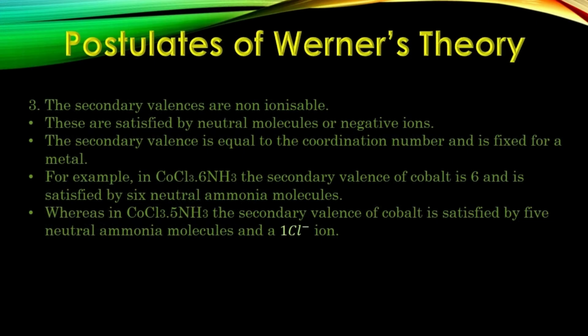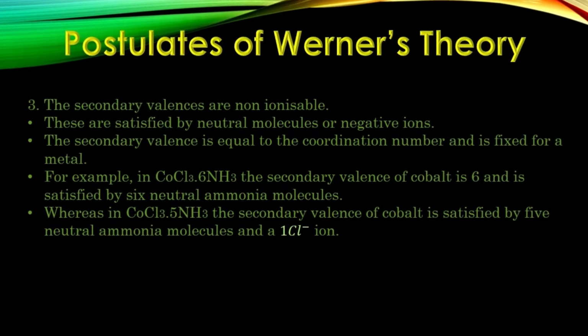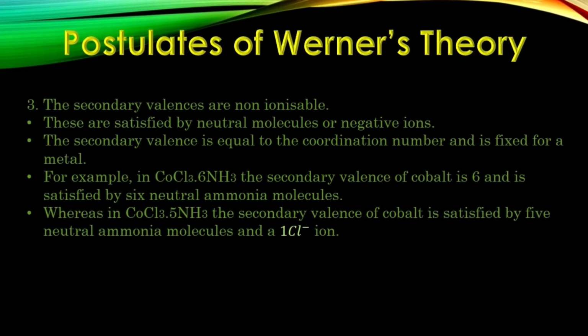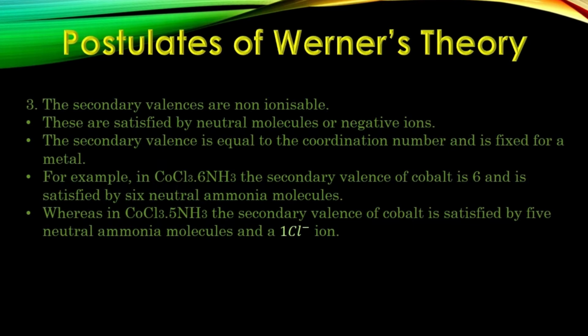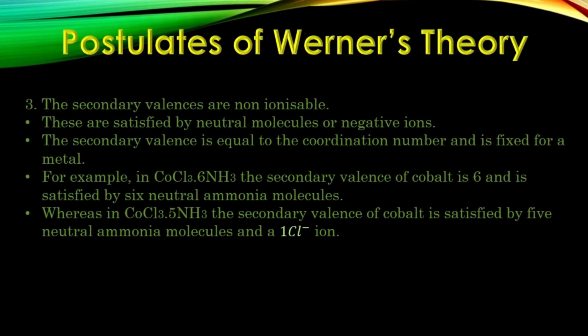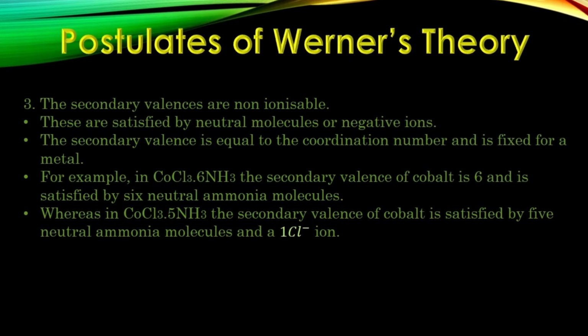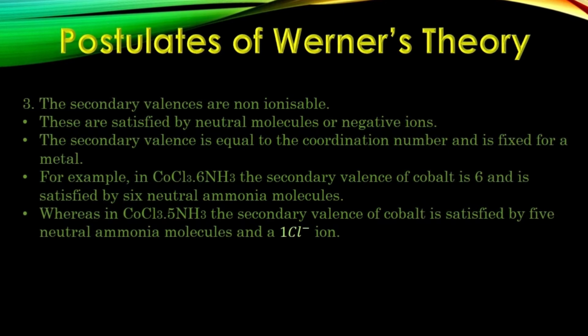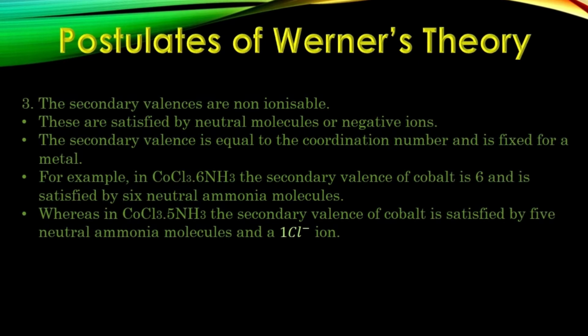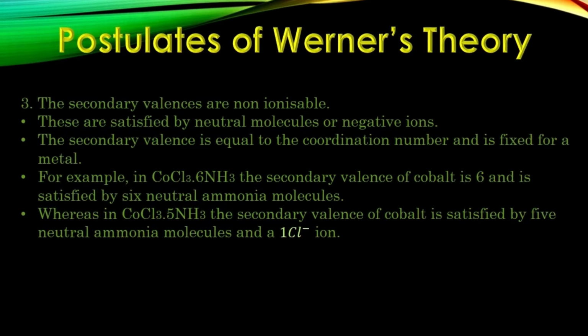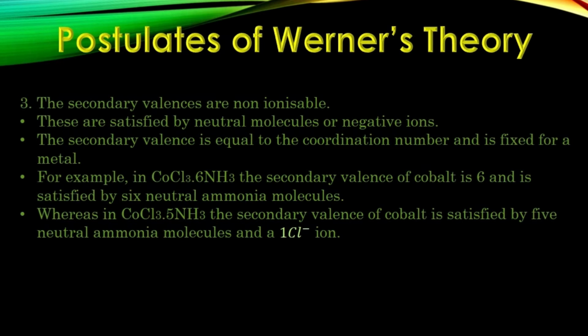This primary valency will be satisfied by negative ions, and here it is satisfied by 3 chloride ions. The third postulate is that the secondary valencies are non-ionizable and they will be satisfied by neutral molecules or negative ions. In modern terminology, we can say secondary valency is equal to the coordination number of the central metal atom.